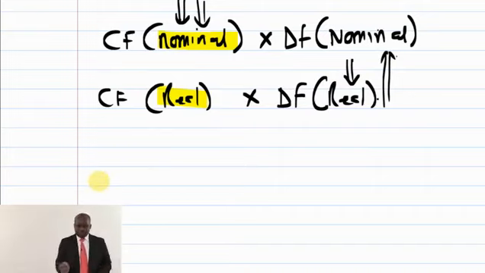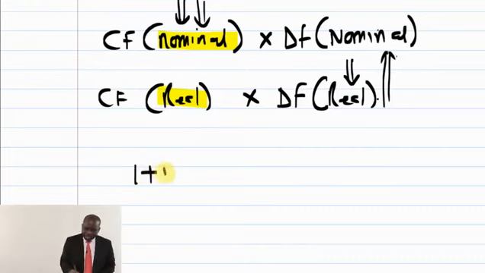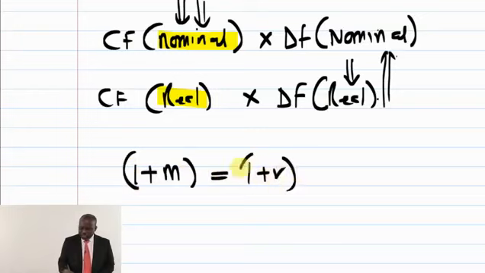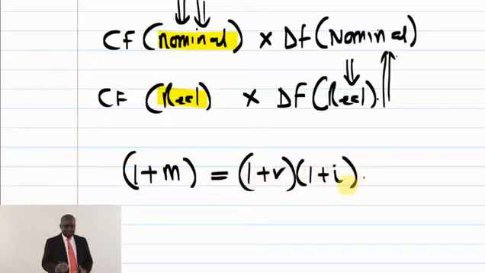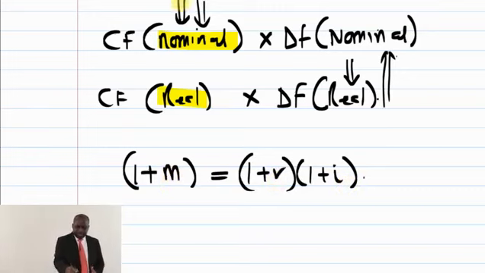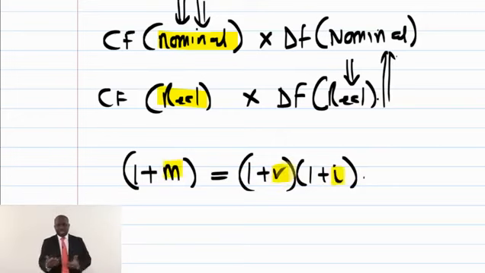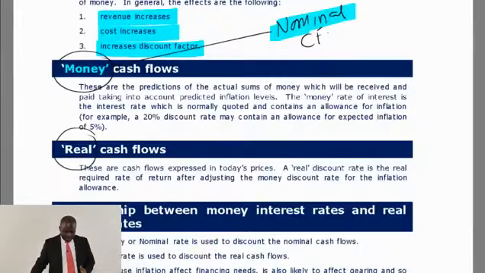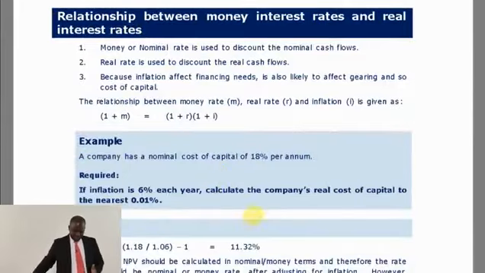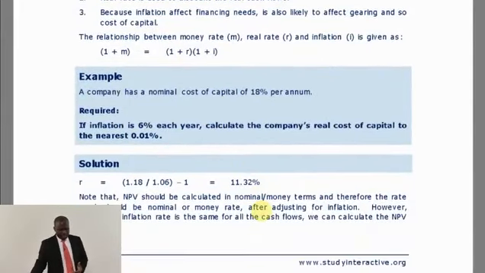And according to the Fisher equation, 1 plus the nominal or money rate should be equals to 1 plus the real rate, times 1 plus the inflation rate. So giving me the money rate, if I want the real rate, giving me the money rate and the inflation rate, I should be able to calculate that. In other words, given any two of them, you should be able to calculate the other. So that is what you would have to refresh your mind on.